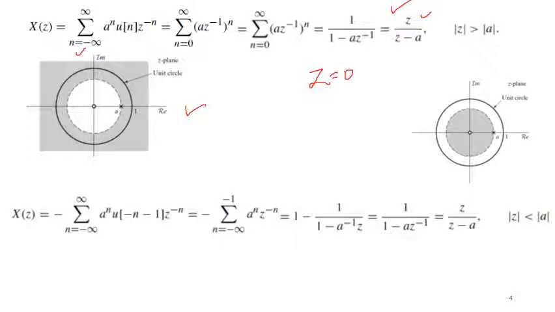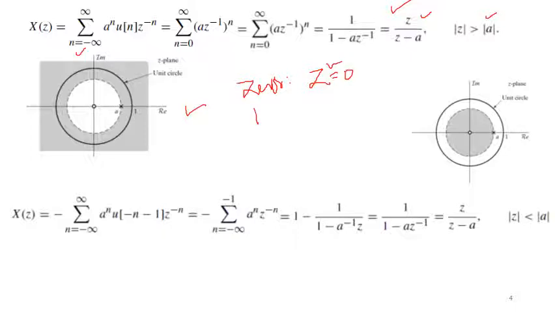For this signal, if we assume that a is between 0 and 1, it is somewhere here. That's your 0. We have only one zero here, and the location of the zero is at z equals 0.